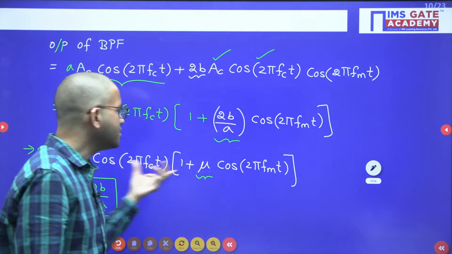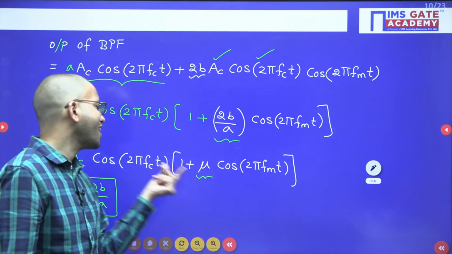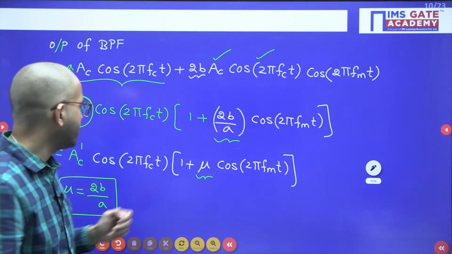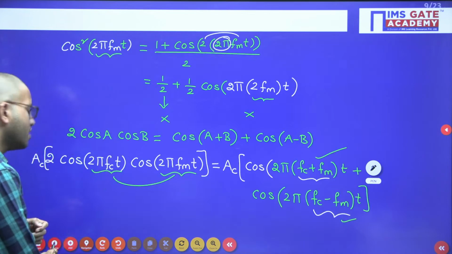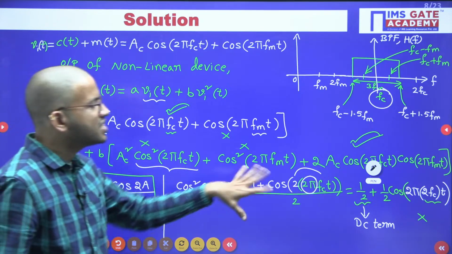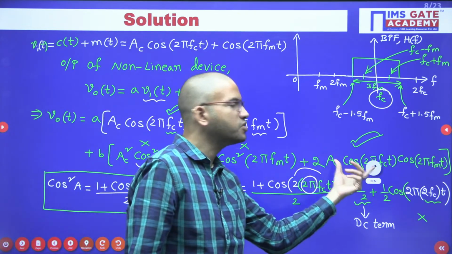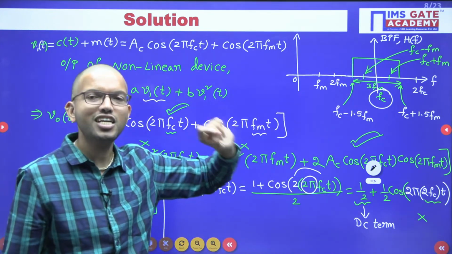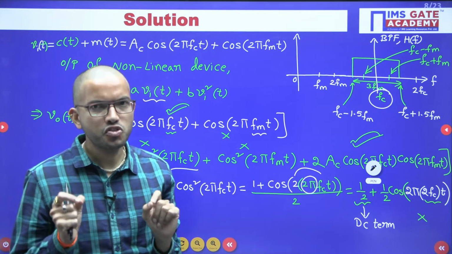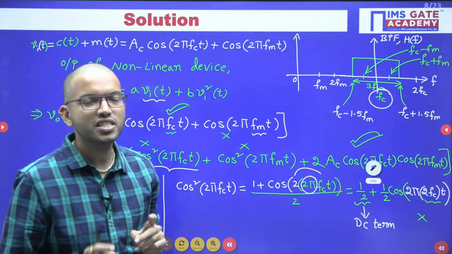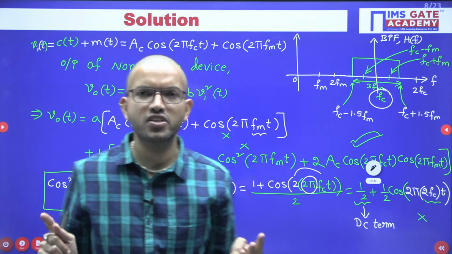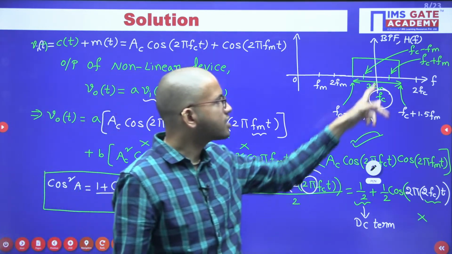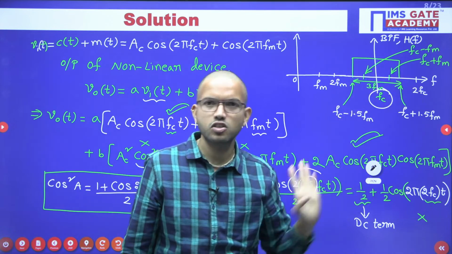In the AM equation you have both the sidebands, along with the carrier. So in that way you can easily identify whether this particular term is going to be allowed by the band pass filter or not, because they clearly mentioned that it is going to produce an AM signal. In that AM signal you should have 3 frequency components: the carrier frequency, the upper sideband frequency and the lower sideband frequency.